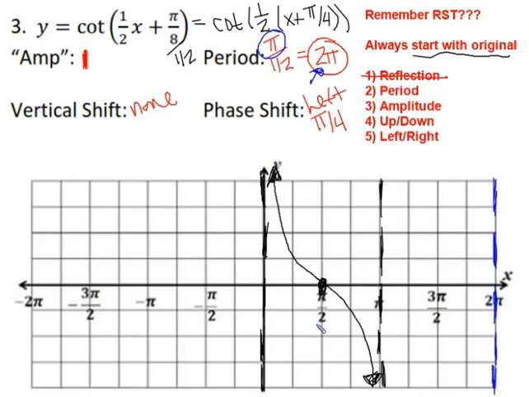If we were to double pi over 2, that would just be a regular pi. Again, notice how this x-intercept is still in the middle, just like it would be on our original graph. So if we were to fill in our new graph with its new period, it would look something like that. Let's go ahead to our amplitude.